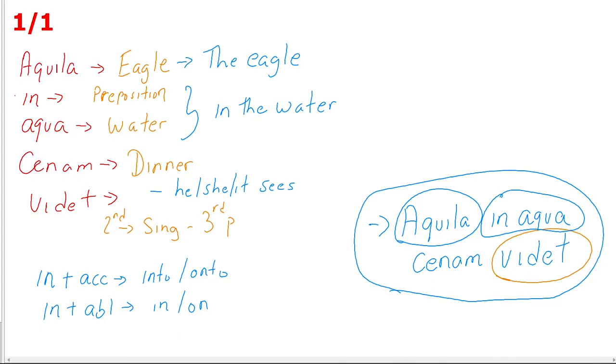Cenam is which case? Accusative singular. So this will be sees dinner. Okay. So how will we put the sentence together?